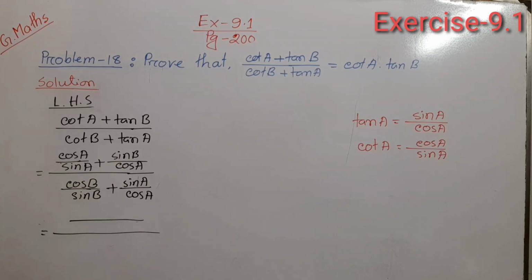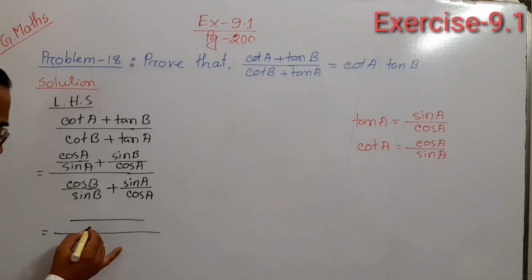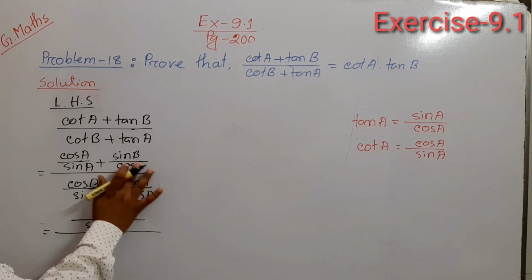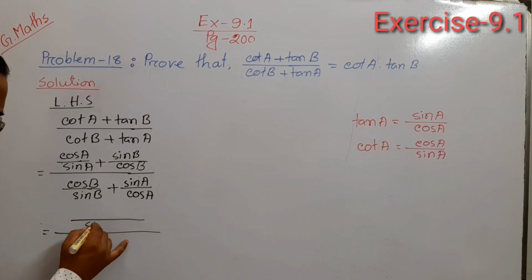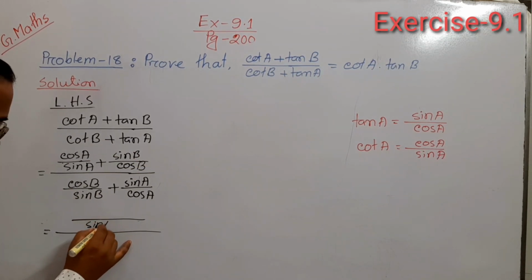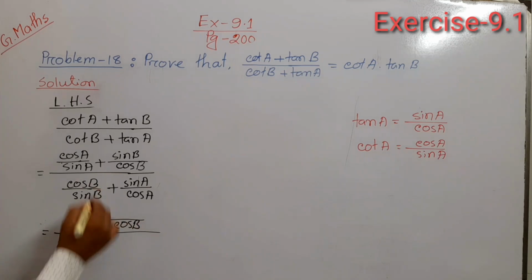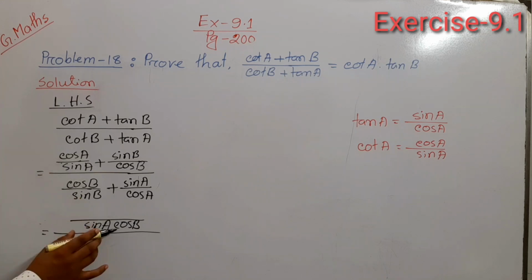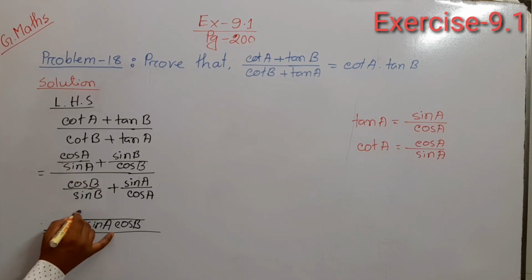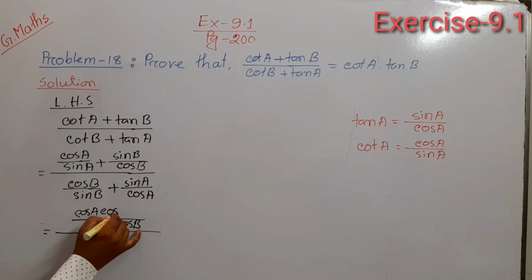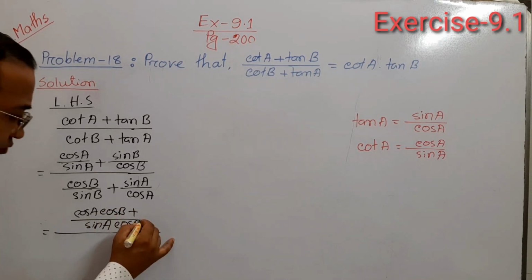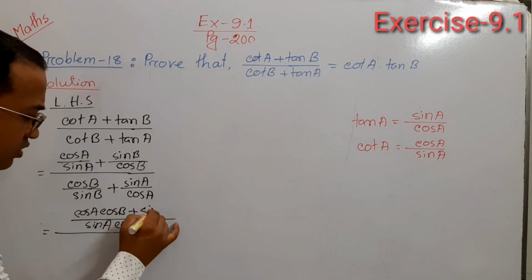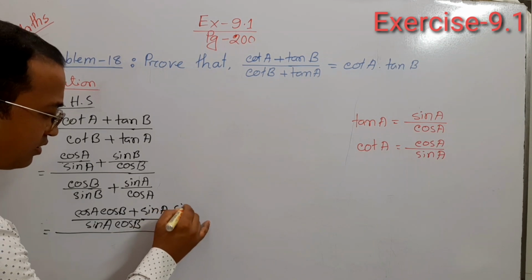The LCM of the first two fractions is sin A cos B. If you divide sin A cos B by sin A, it remains cos B, so cos B into cos A will be cos A cos B, plus sin A sin B.